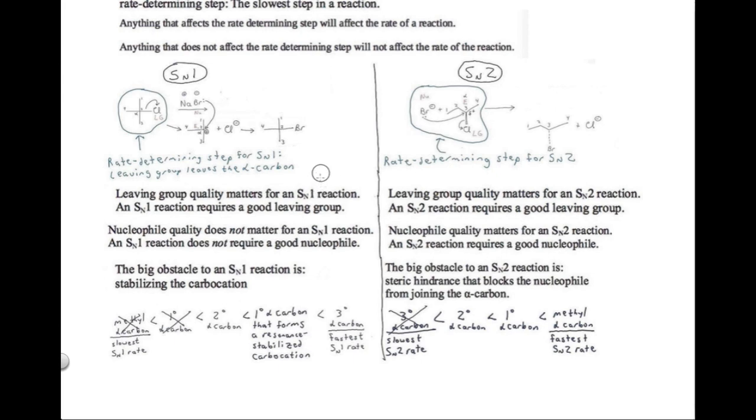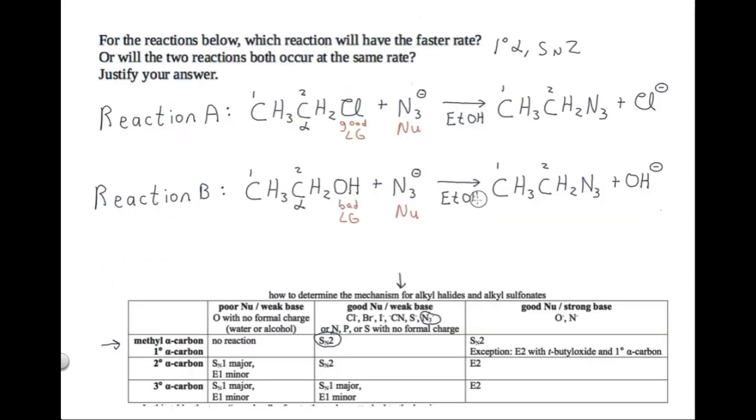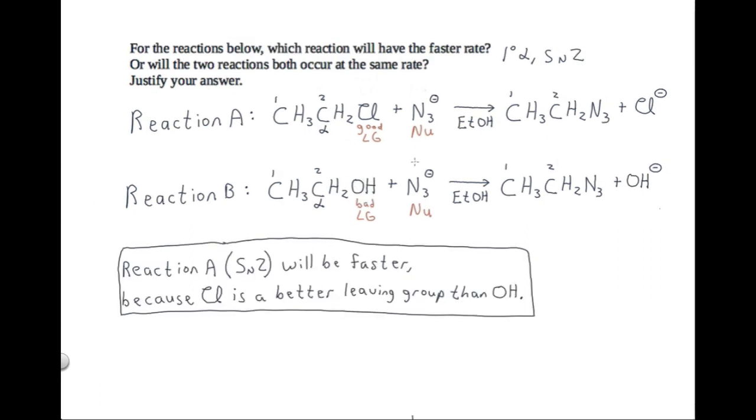And in fact, we know that an SN2 reaction requires a good leaving group, just like an SN1 requires a good leaving group. So not only will reaction A be a faster SN2 mechanism, but in fact we would expect that the rate for reaction B would be close to 0, because this is a bad leaving group and SN2 requires a good leaving group. Our answer is that reaction A will be faster.